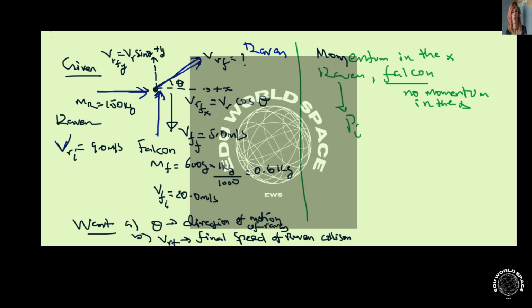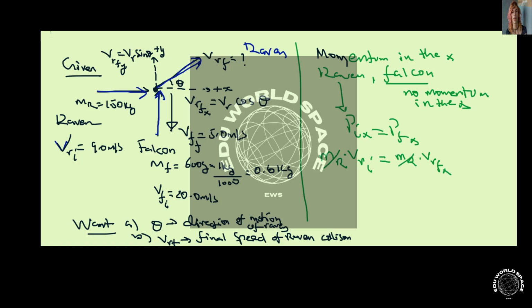The initial momentum in the x equals the final momentum in the x. The initial momentum of the raven is the mass times the initial velocity, VRI. That's going to equal the final momentum of the raven in the x direction, so the mass of the raven times the final velocity of the raven in the x.